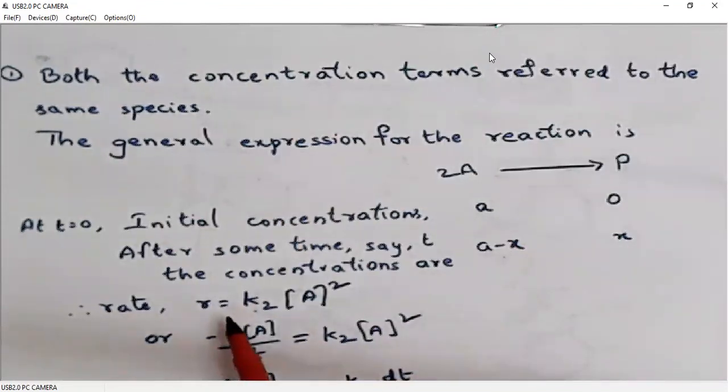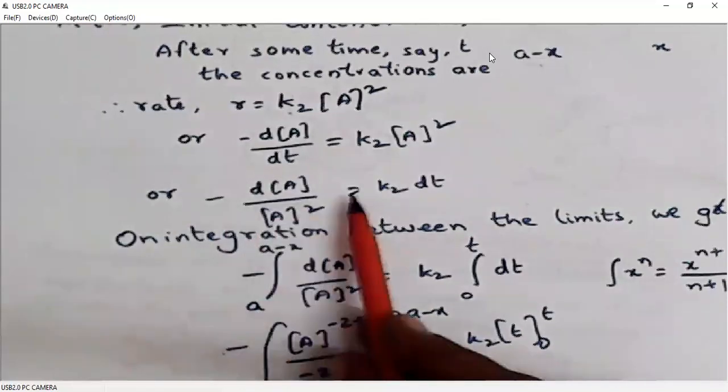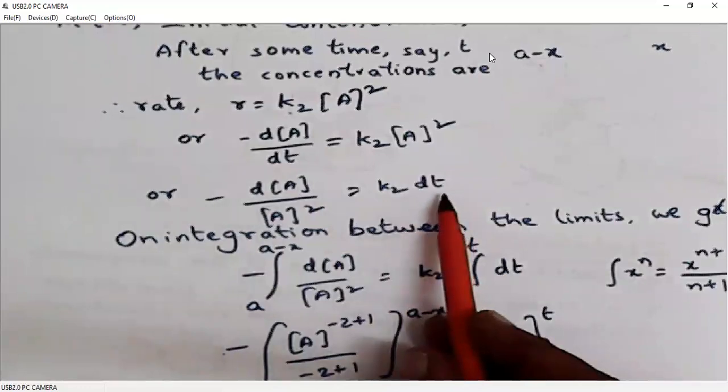Now for the second order reaction, we know the rate law, R is equal to K2 into A square. The differential form of rate is rate of decrease in the concentration of reactant. So minus d by dt of A is equal to K2 into A square. Or when we rearrange the variables, minus dA by A square is equal to K2 into dt.